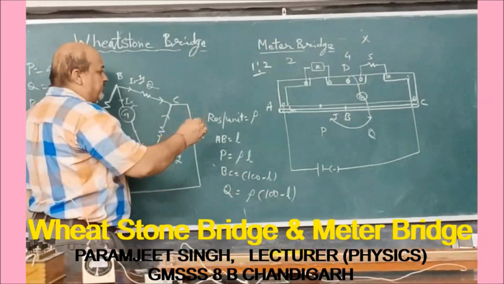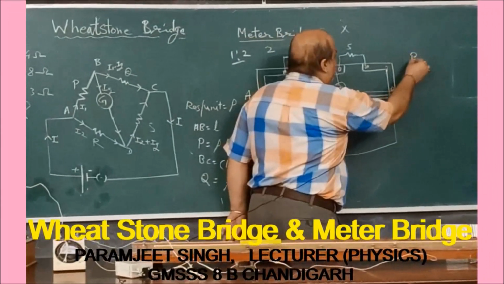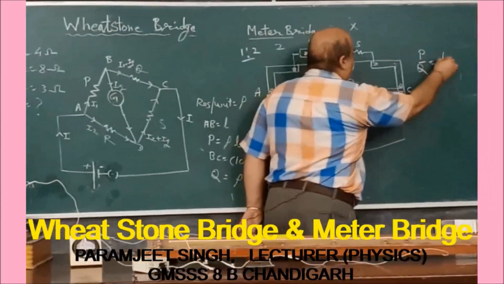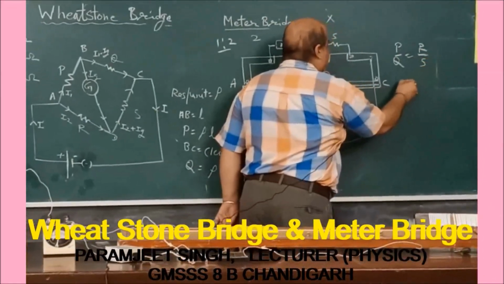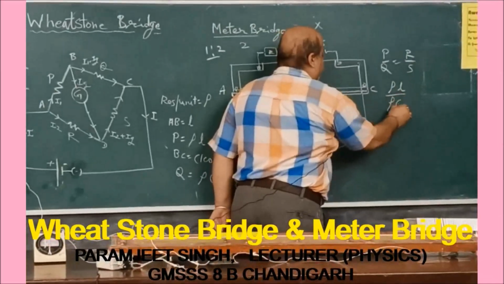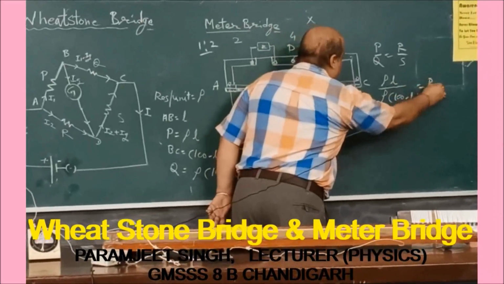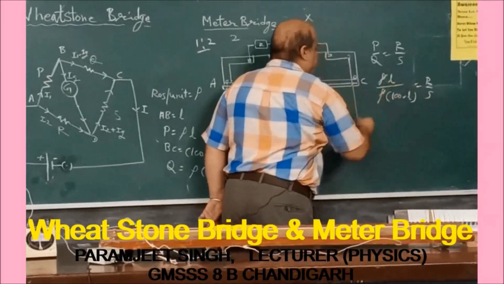Apply the Wheatstone principle. P over Q is equal to R over S. P is rho into L, Q is rho into 100 minus L, equal to R by S. Rho gets cancelled.